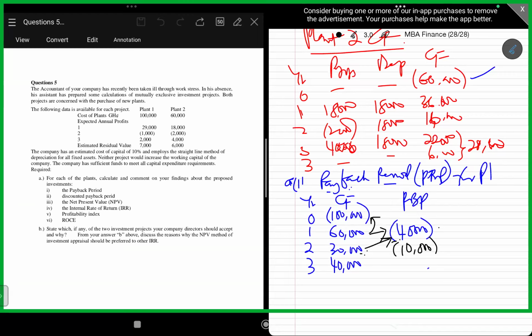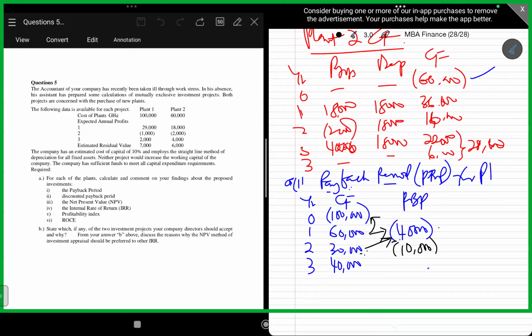Let's say the business borrows 100,000 to purchase plant 1. When they borrowed the 100,000, they said year 1 we'll get 60,000, so we'll pay a portion of the 100,000. We have 40,000 negative. Then year 2, 30,000. Of the 40,000 we are owing, we'll pay 30,000.